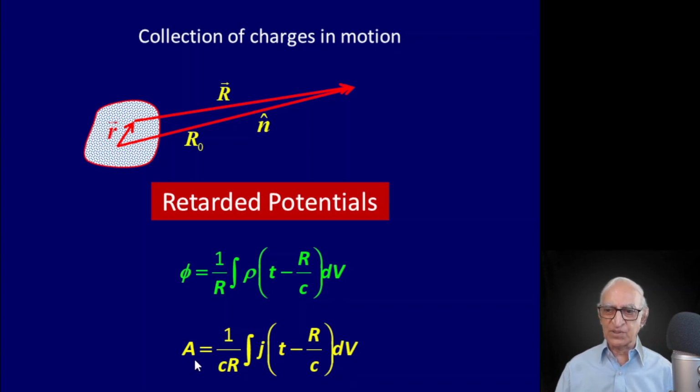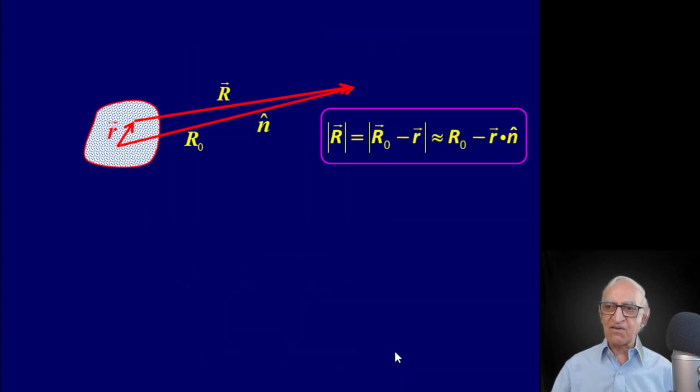Again, the vector potential at r and t is related to the current density at an earlier, retarded time, t minus R by c. This is the essential difference between what we did before Maxwell and what we have to do after Maxwell. Now we can do a simplification.